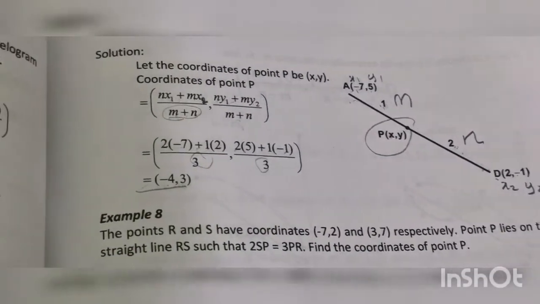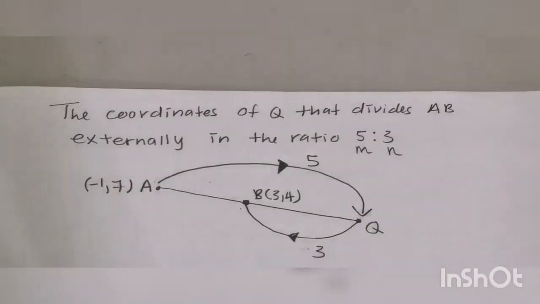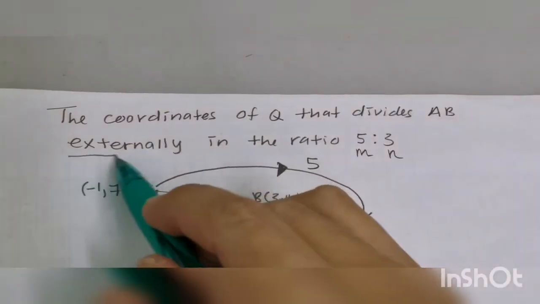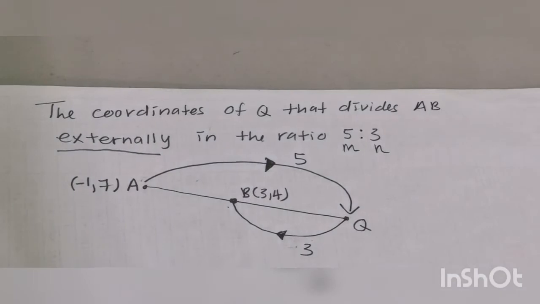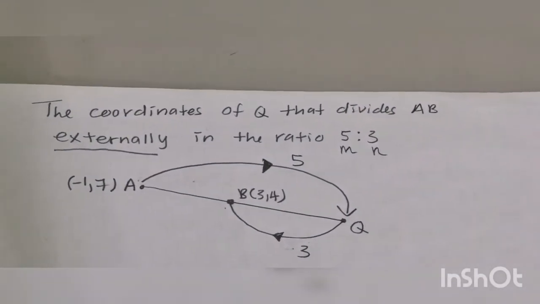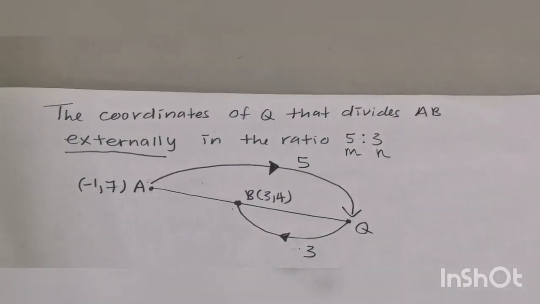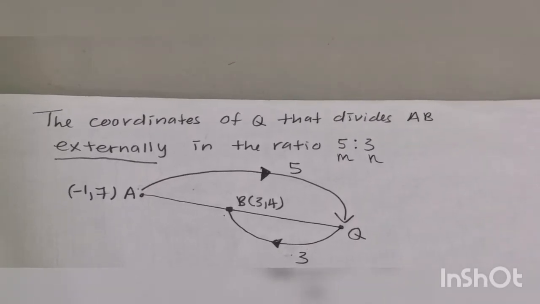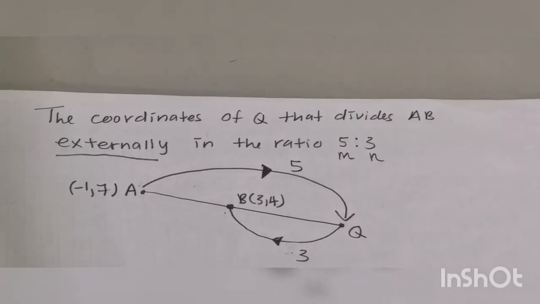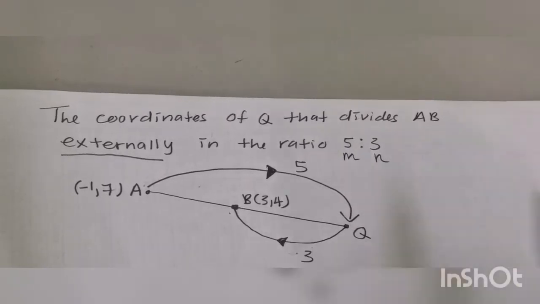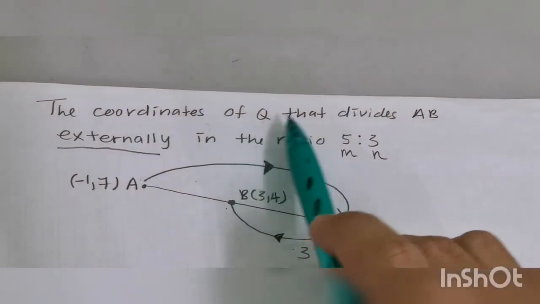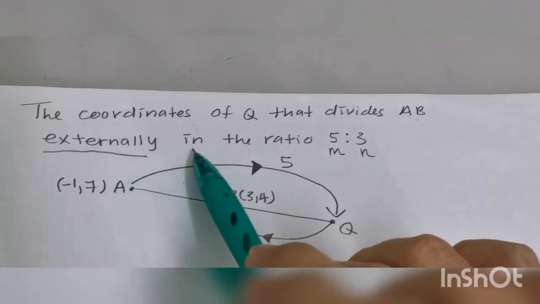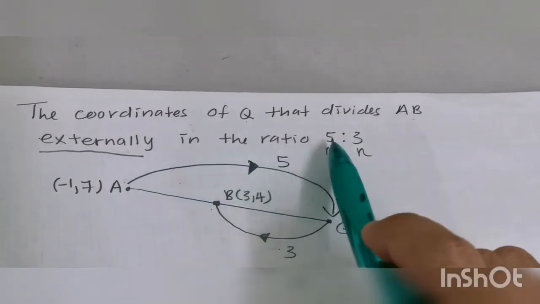So this is the internal. How about the external? The question normally will mention that it is external. If they don't mention it, you had better draw it out, and then you know whether the question is external or internal. For this question, they say the coordinate of Q that divides AB externally in the ratio of 5:3.